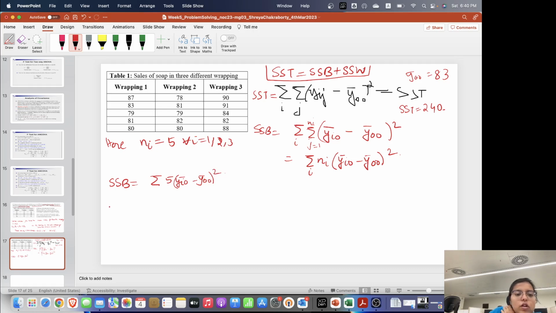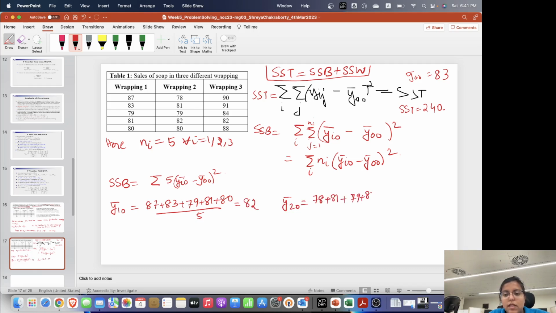square. So y1 naught bar is nothing but 87 plus 83 plus 79 plus 81 plus 80 by 5, the group mean. How much is it? 82. Okay, this is 82. Similarly, y2 naught bar is 78 plus 81 plus 79 plus 82 plus 80 by 5.